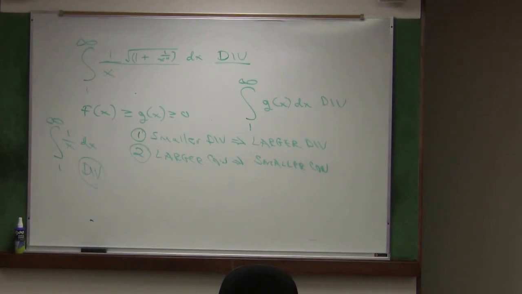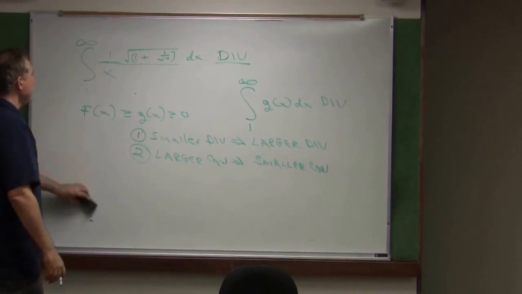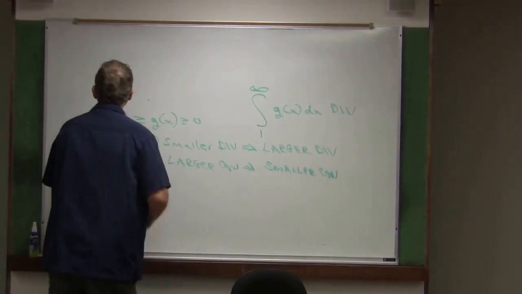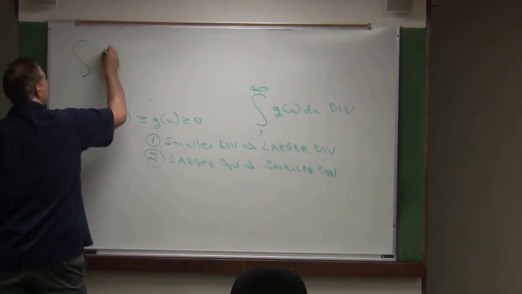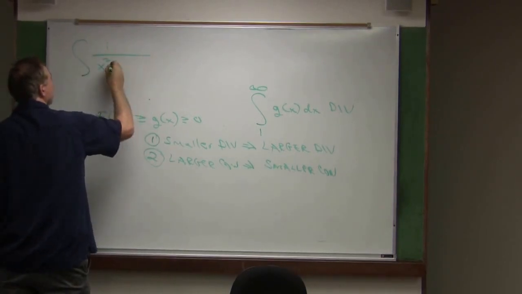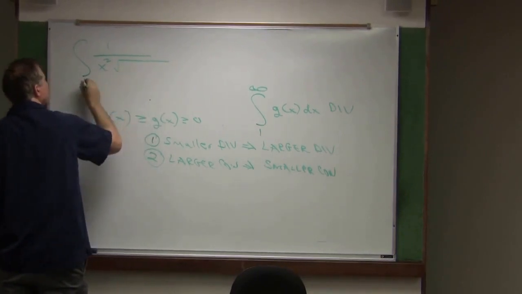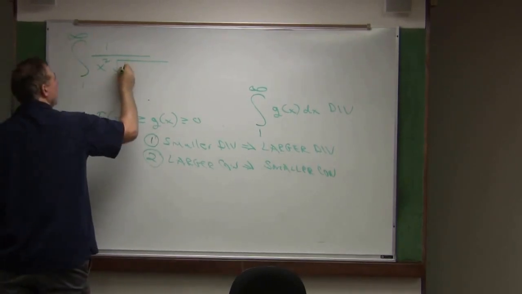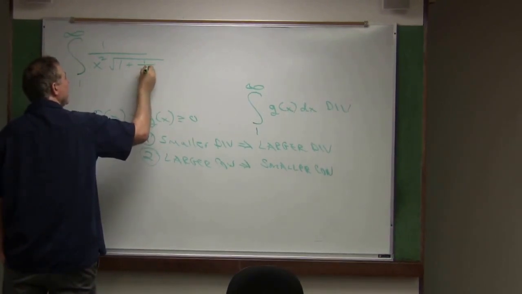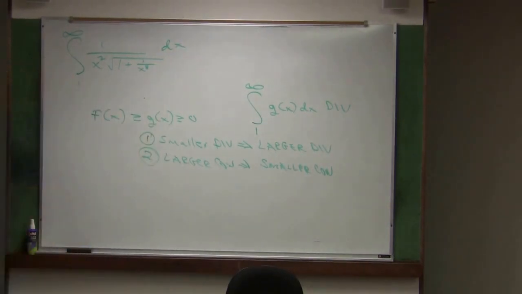Similarly, let's give an example of something that converges. So for example, we know that 1 over x squared converges. So what if I just did the same thing and I put something down here like the integral from 1 to infinity of 1 over x squared times the square root of 1 plus 1 over x to the 8th, something like that. Okay?